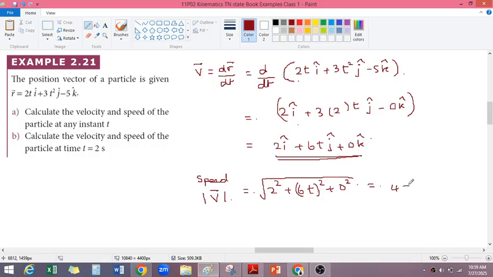So it will be 4 plus 36 t square. If you want, you can take 4 commonly out. So when it comes out of the square root, it will become 2. So 1 plus 9 t square. That's your answer for the A part.